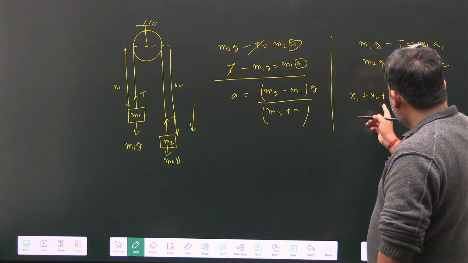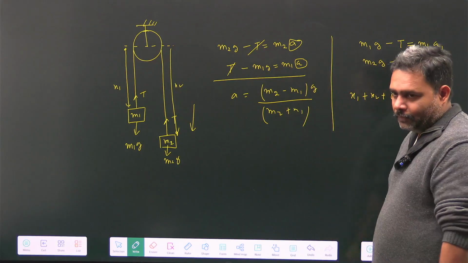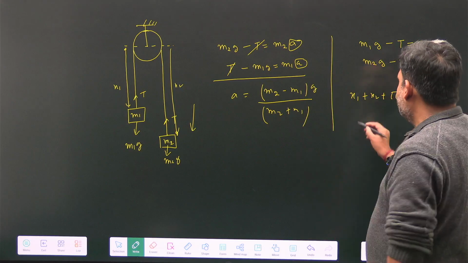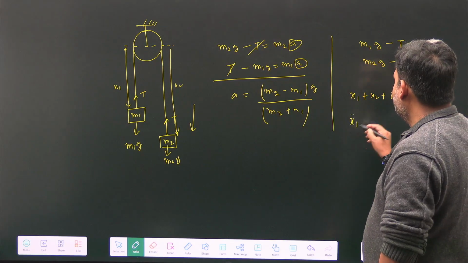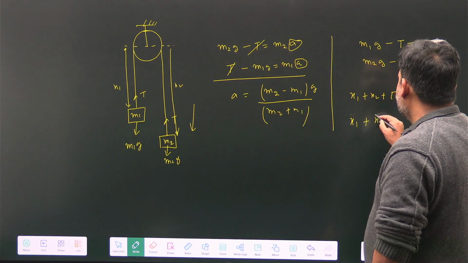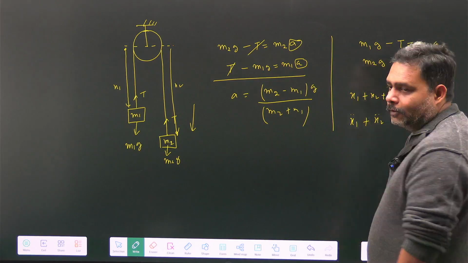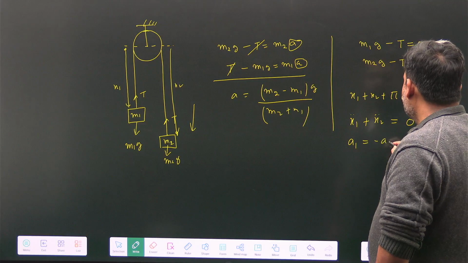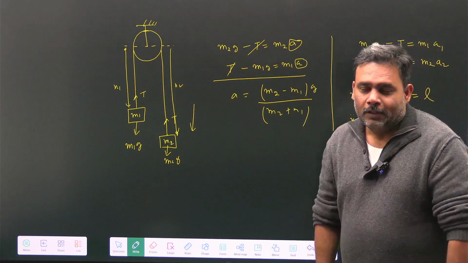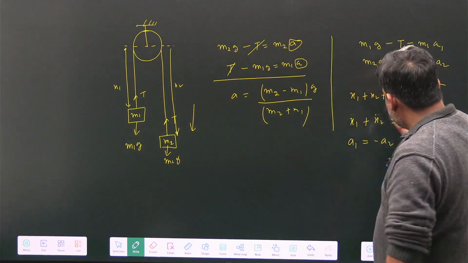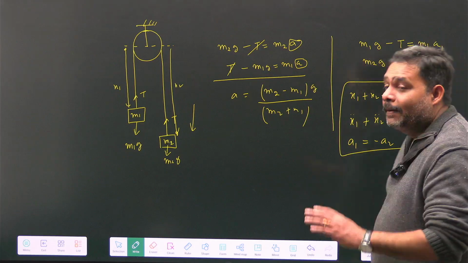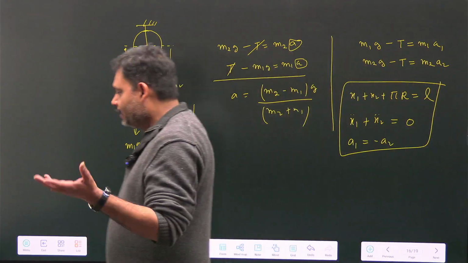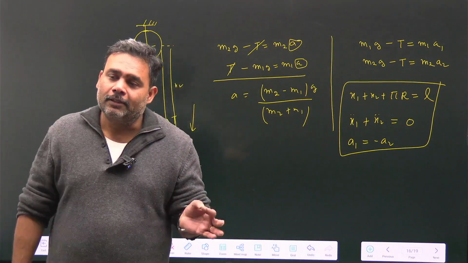If we take the derivative twice with respect to time, we get x1 double dot plus x2 double dot is equal to 0. From here we get a1 is equal to minus a2. So from this equation of constraint, mathematically, a1 is equal to minus a2.